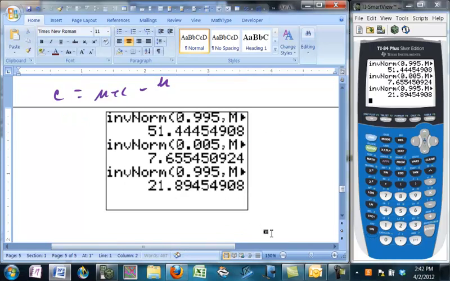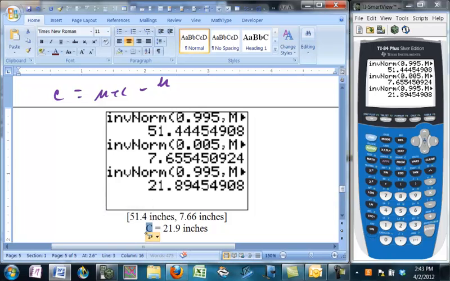Alright, so the interval is from 7.66 inches up to 51.4 inches, and C is 21.9 inches.